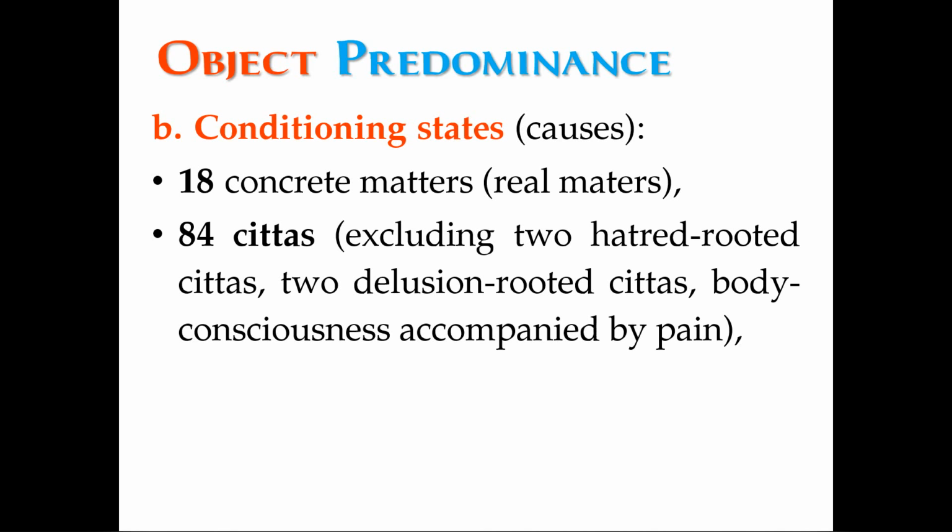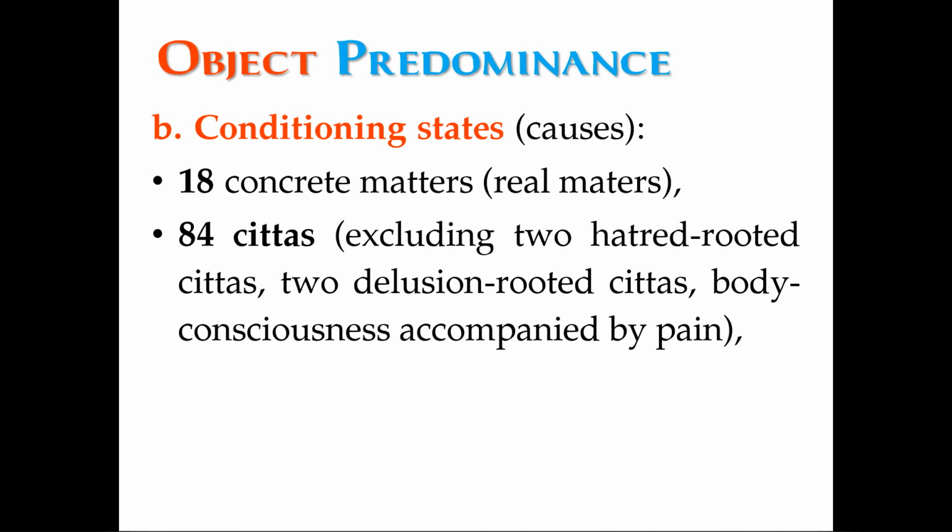If you hate something, you don't want it, right? It's not desirable. For that reason, we have to exclude 2 hatred-rooted chetas. And also 2 delusion-rooted chetas. When your mind is deluded, you don't want it. It's not very desirable.